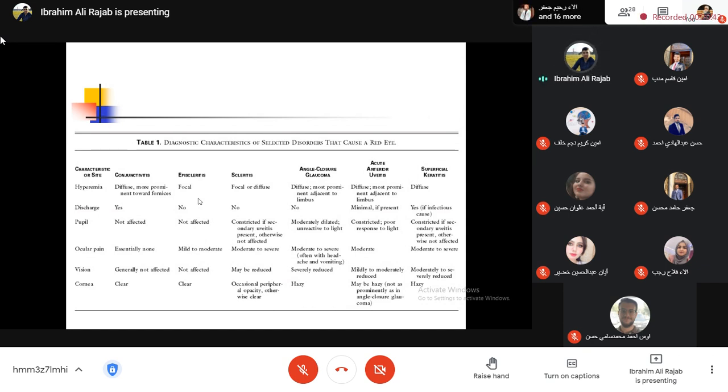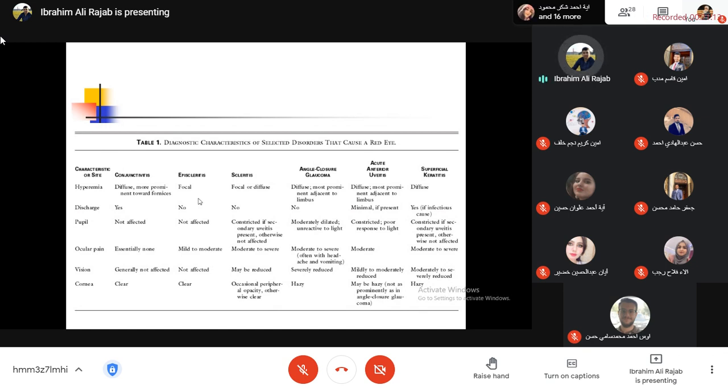So if the aqueous is forced to enter the cornea by decompensation of this endothelial pump mechanism, the cornea will be edematous because the fluid content of the cornea will be higher than it should be. So the cornea will be edematous and hazy, so the vision will be reduced.